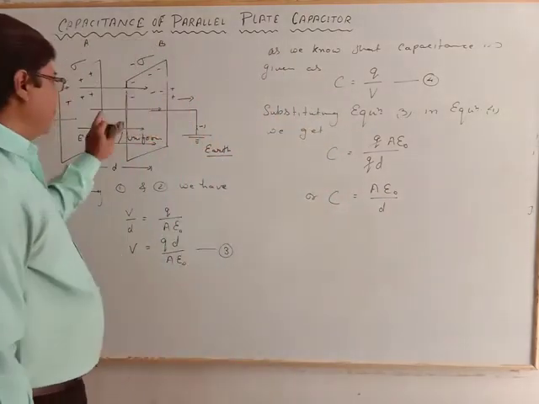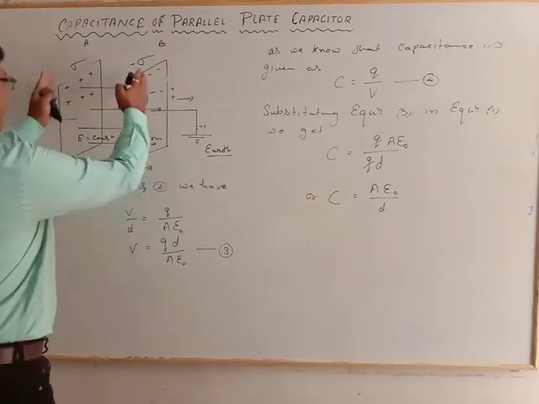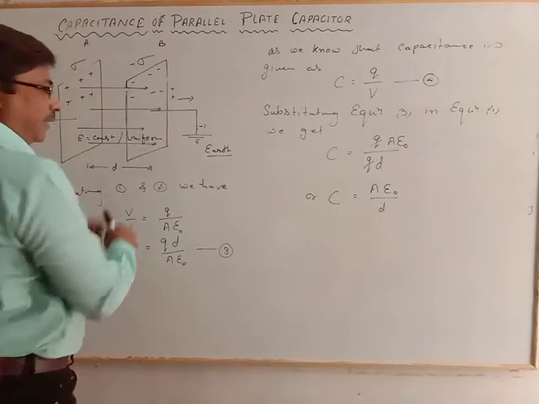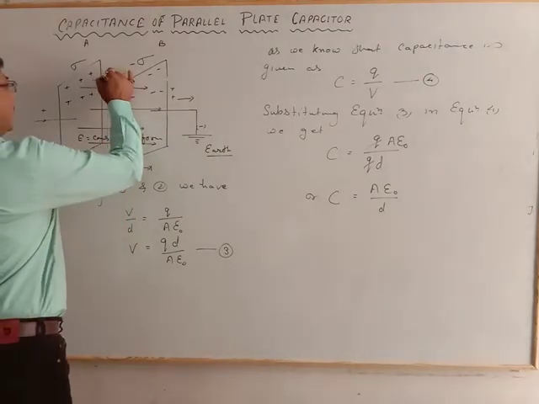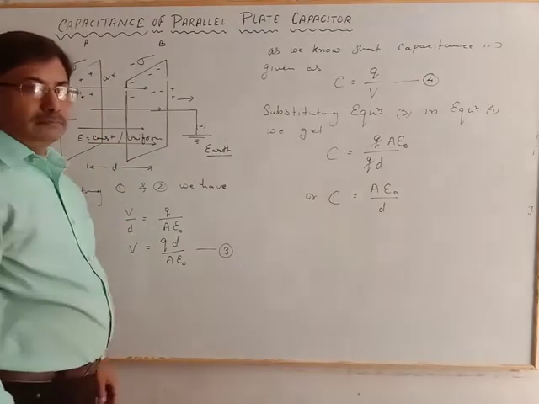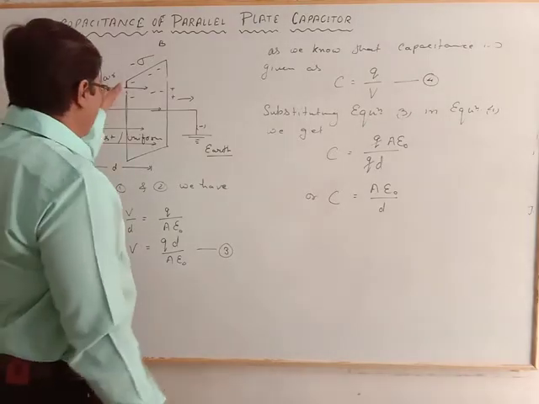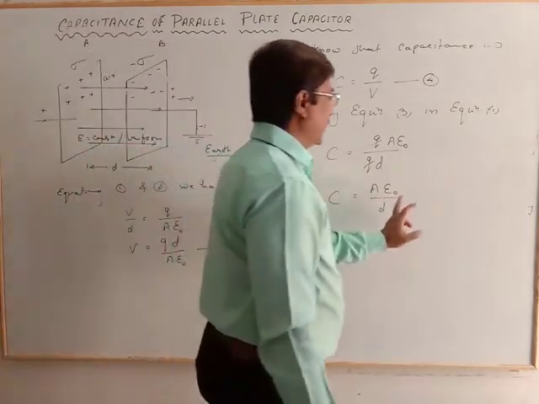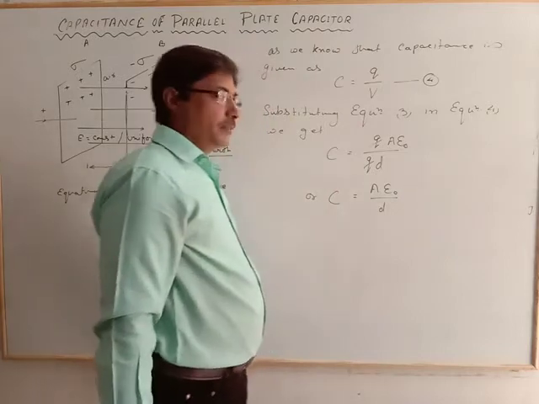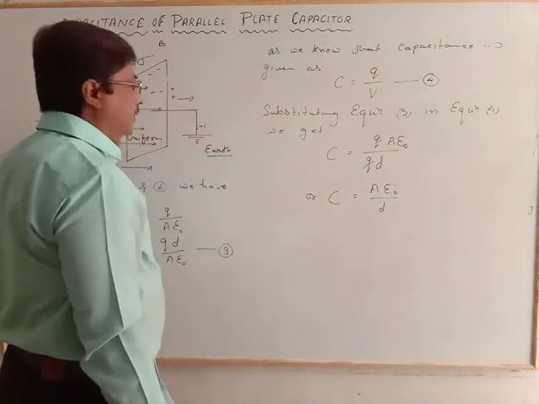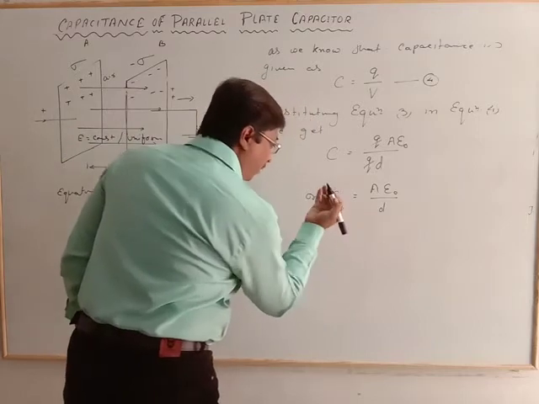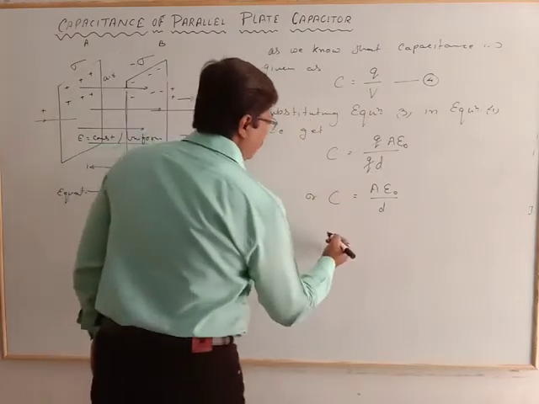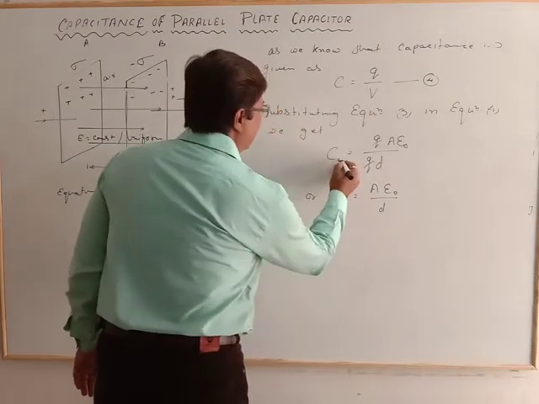In this parallel plate capacitor we have taken air as the medium between the plates, so we consider epsilon naught. If we consider air as the medium, we write the capacitance as C naught.